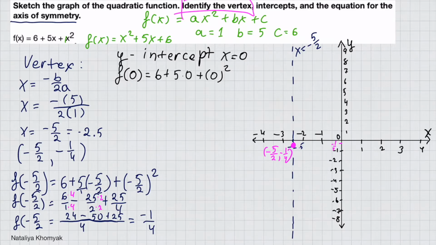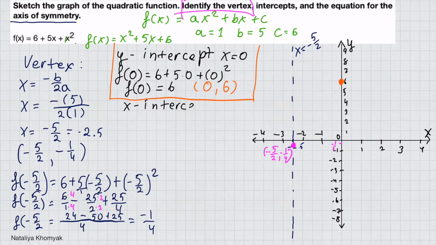This simplifies into f of 0 equals 6 plus 0, which is just 6. So the y-intercept is at x equals 0, y equals 6. So 0, 6 is here.